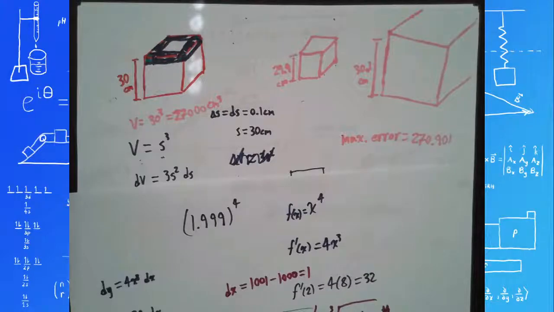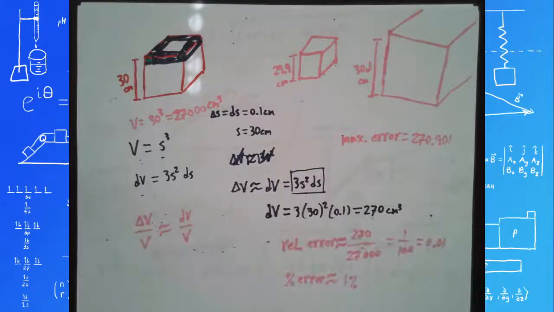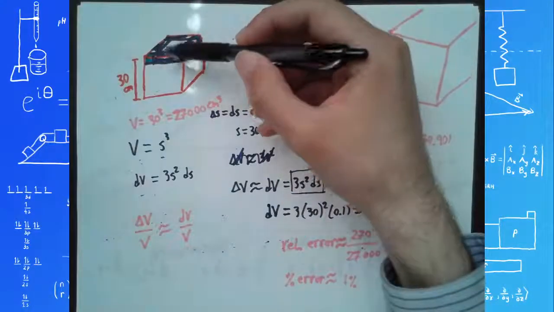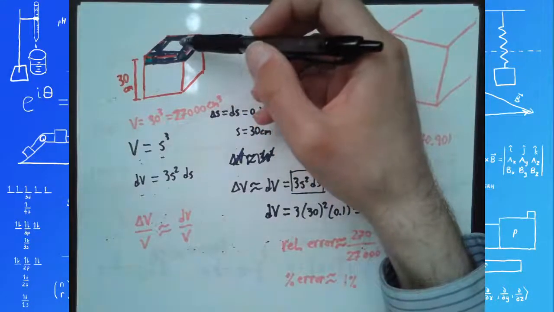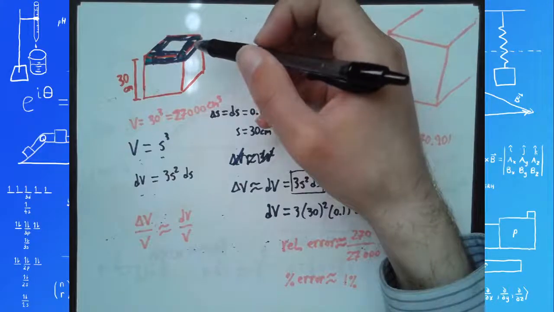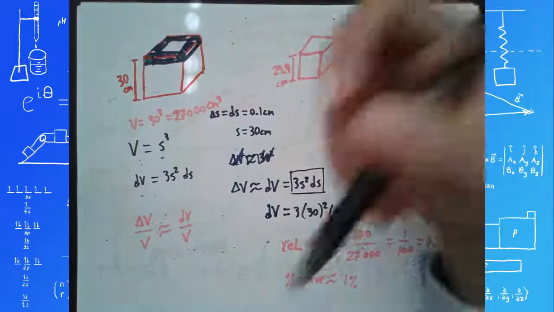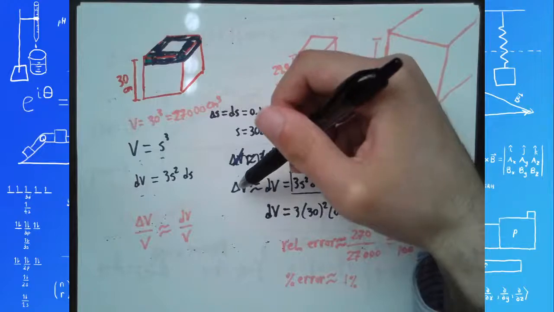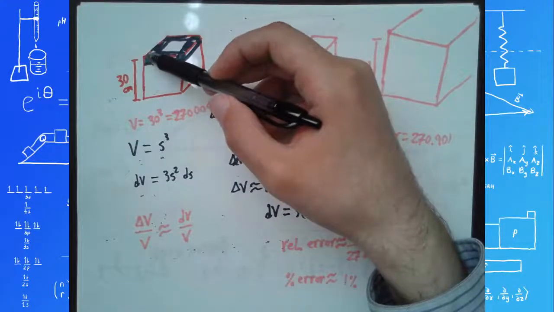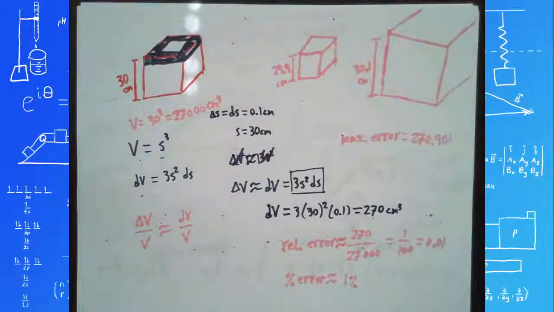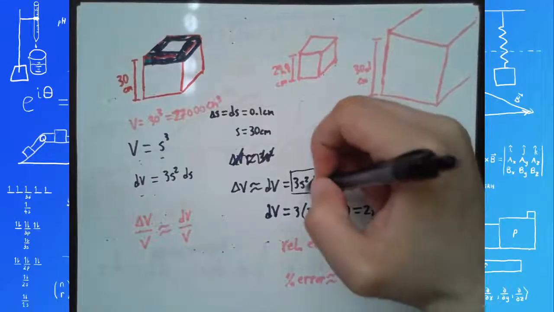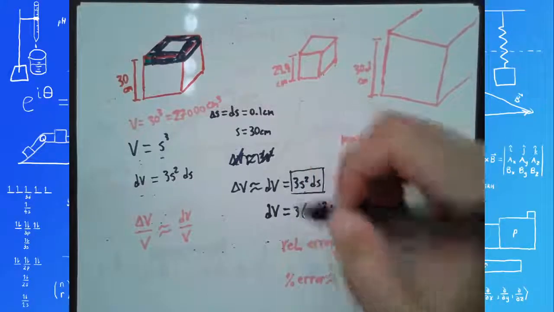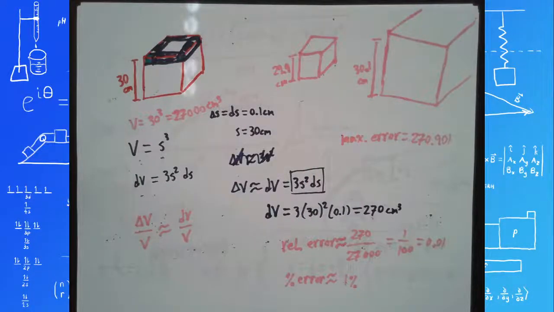So that's what I want to start with before I do anything else today, because last time I knew this wasn't the correct description of how the approximation works, but it was close enough to the truth that it gave you some intuition about why dV does not necessarily exactly match delta V. I attributed the difference to the volumes of these corner cubes, and sometimes that's what happens, but I thought about it some more, and I came to realize what the 3s squared business was all about. So that's what I'd like to do first.